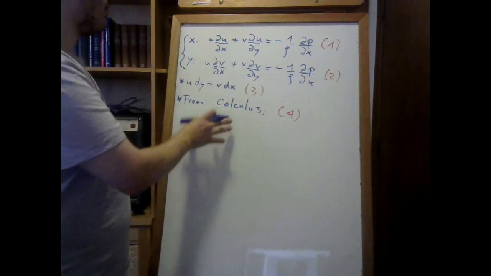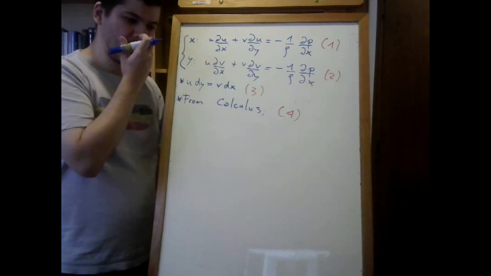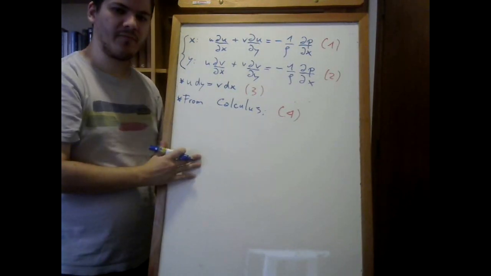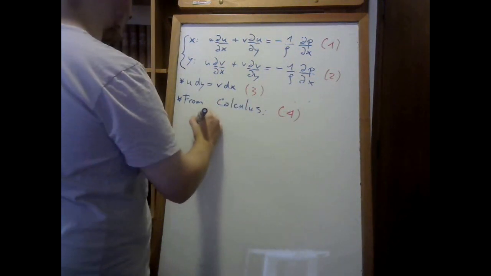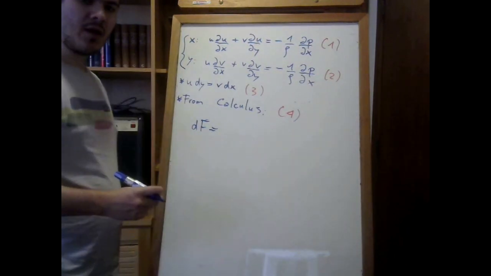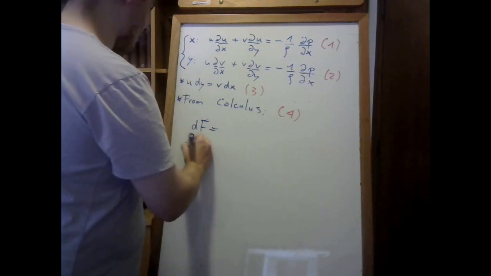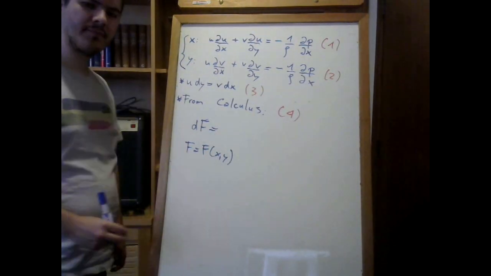And now we're going to use an identity from calculus, specifically for two variable functions, which is the following. We have the differential of a certain function f, which is a function of x and y, okay?